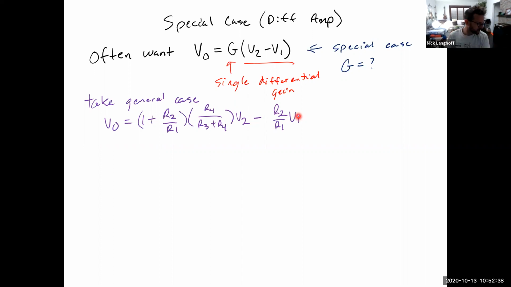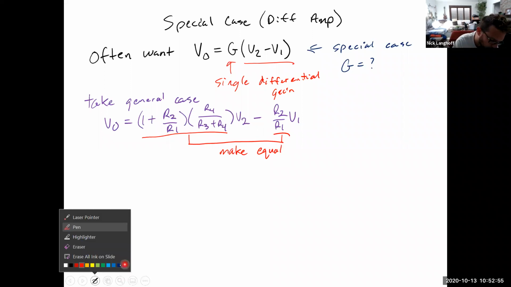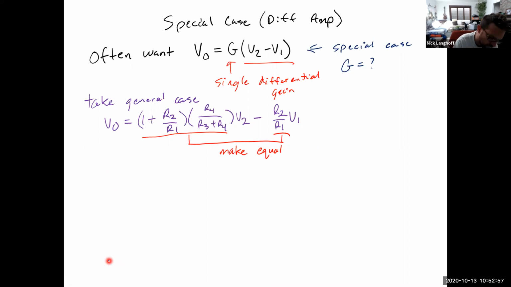Okay, and what we're going to do is, if we want these two things to be equal, a single gain, so we want a single gain, we want to make these equal, then what we're going to do is impose that those two terms are equivalent.